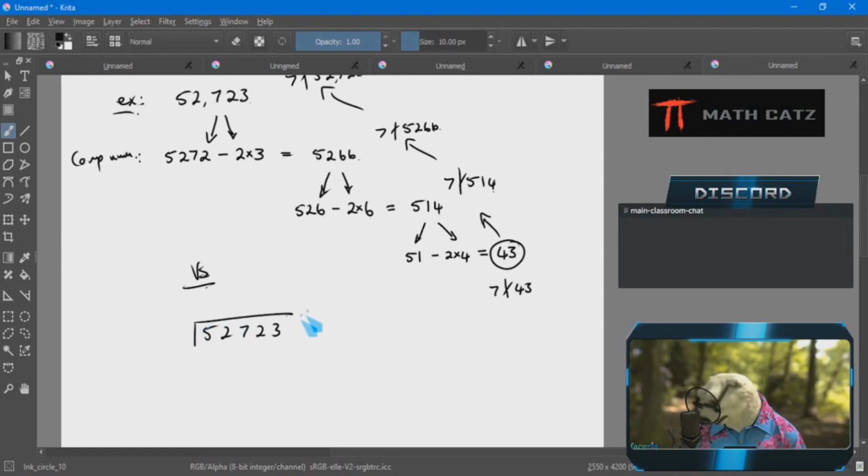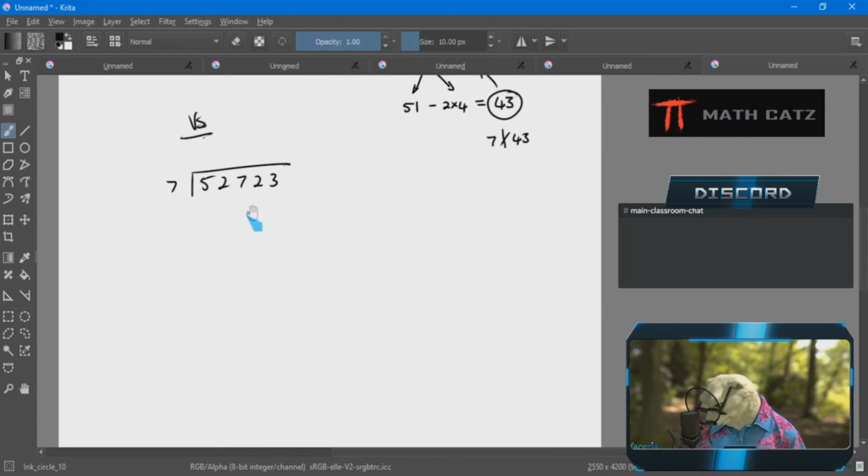Compare the time that took versus just doing the long division. That's good practice. Let's do it. 7 goes into 52, 7 times for 49. If I want to speed up and just scribble it for myself, of course, I don't need to write all the zeros, right? I'm not teaching it.